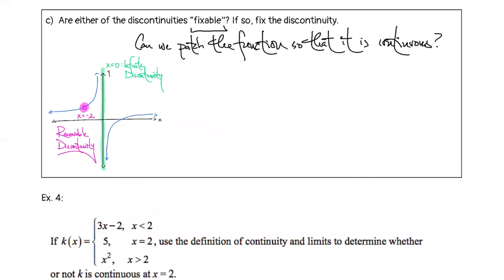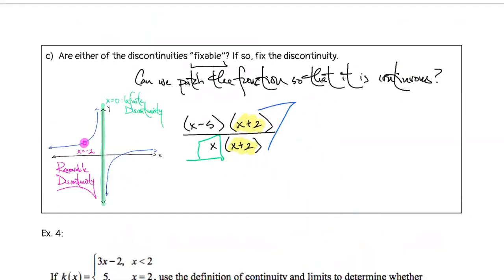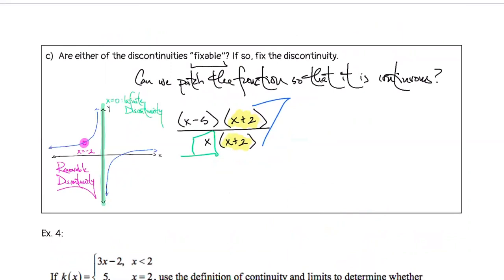The way we do that is we have to define the y value that we would put there, using the factoring that we had above. So if I go up and grab that factored version and copy that, and bring it down here, this was our factored version.